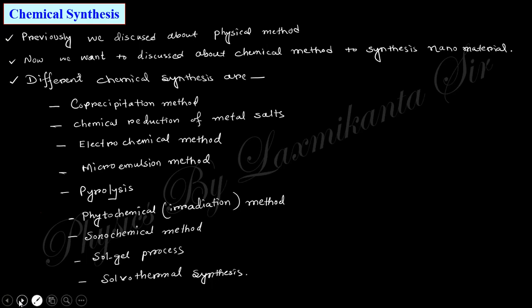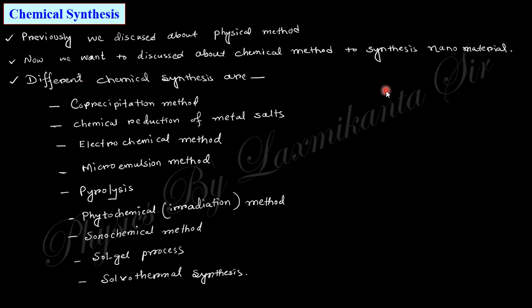Previously we discussed physical synthesis, where chemical and physical processes can be used. In chemical synthesis, without the previously discussed machines, you can just use chemical reactions to get the nanostructure. So previously we discussed the physical methods and now we want to discuss the chemical methods to synthesize nanomaterials.